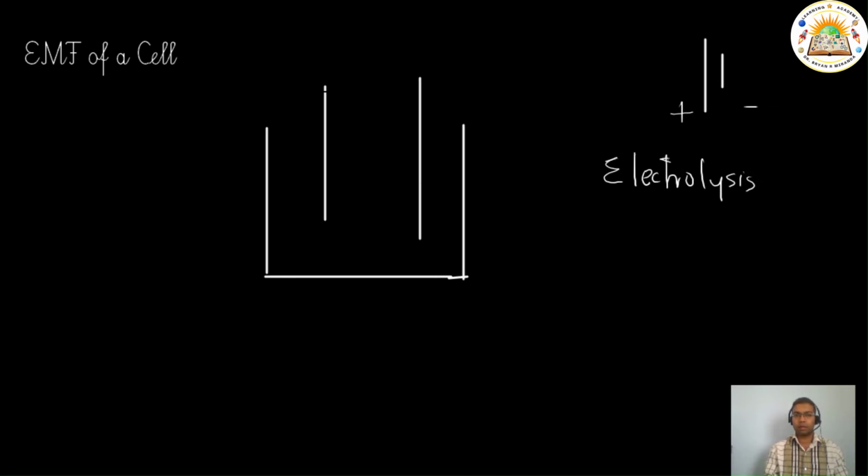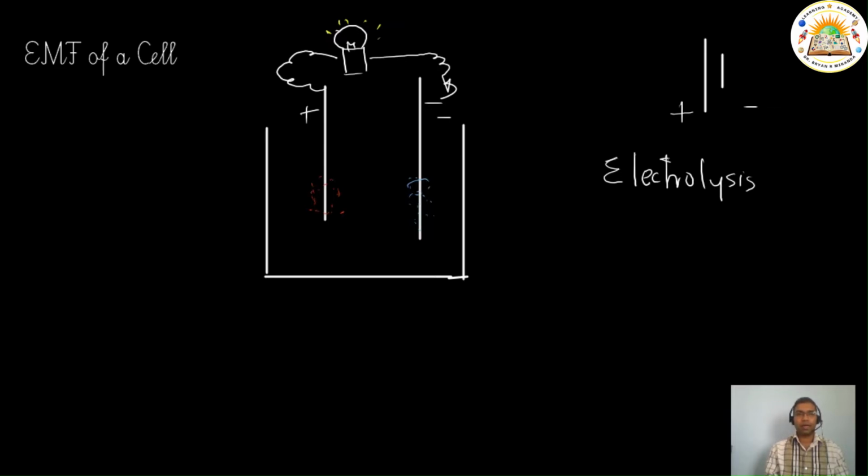So this would be connected. Let's say if we connect this to a bulb, it would glow because one end is positive and the other negative. The negative ions would get attracted towards the positive end of the rod, and the positive ions would get attracted to the negative end in this electrolytic solution, and then the bulb would glow.